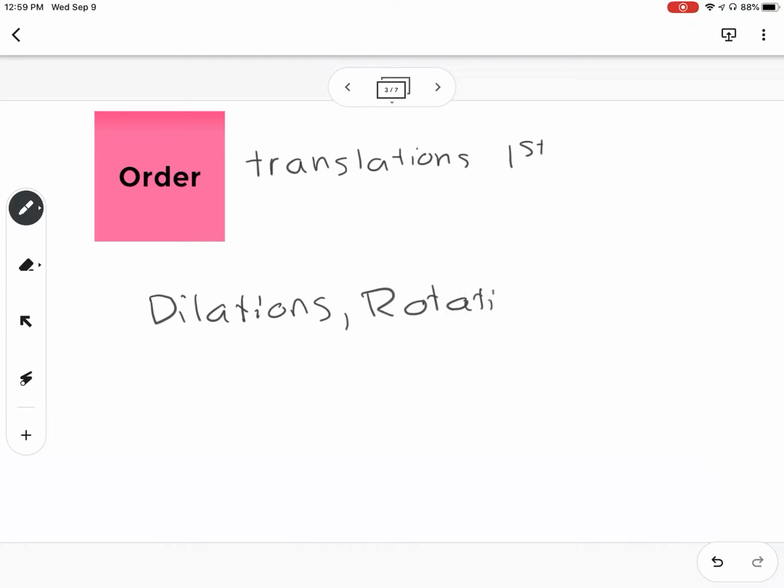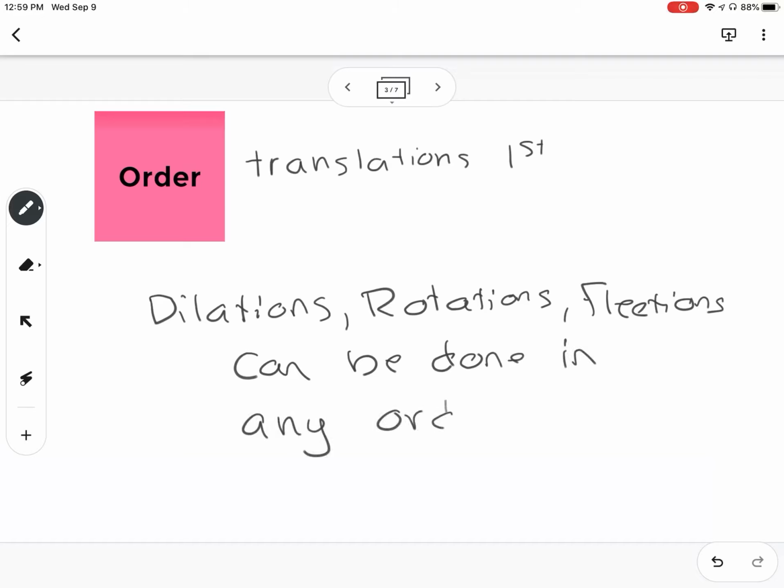So dilations, rotations, and reflections can be done in any order, as long as you do the translation first, then you're good. Right? So like if we wanted to rotate and then reflect, I would rotate it and then I would reflect it.